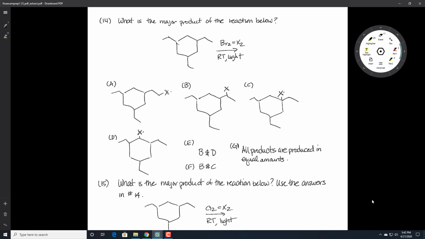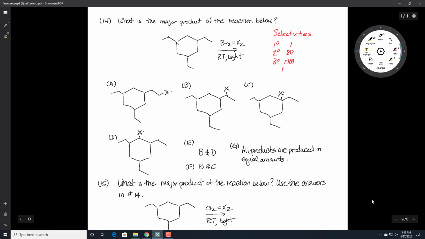Now remember that when we're doing this, we first of all need to know our selectivities. In this case, the primary to secondary to tertiary position ratios for primaries are always 1. And then for bromination, it is 1 to 80 to 1700.